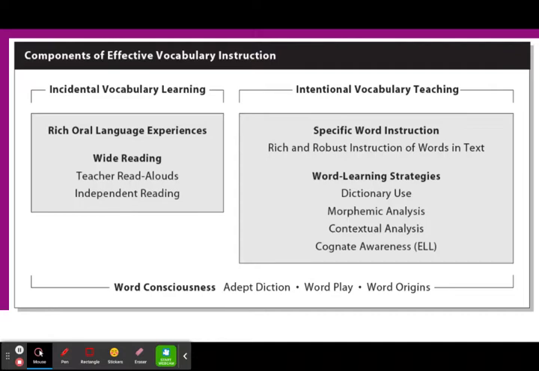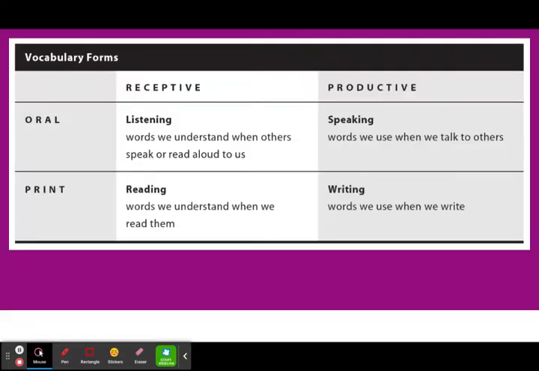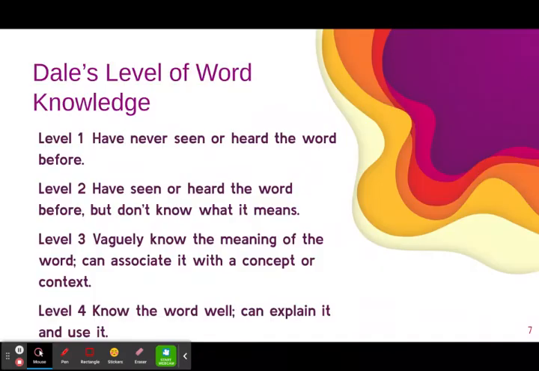So then looking up in the dictionary, talking about what it means, and being aware of how it relates to English language learners. Obviously there's oral language and print. So thinking how this all comes together, so listening, speaking, reading, and writing, much like much of the rest of reading that we've been talking about, all of these come into vocabulary.